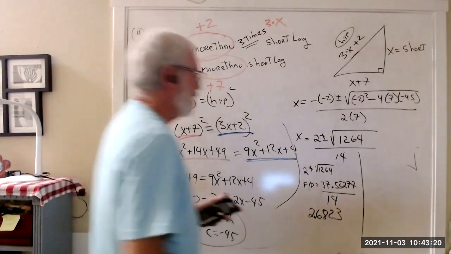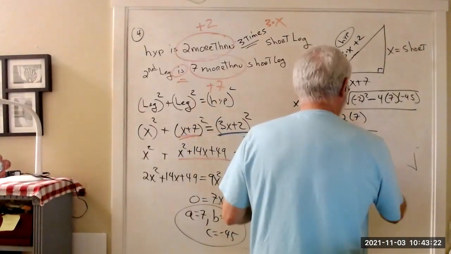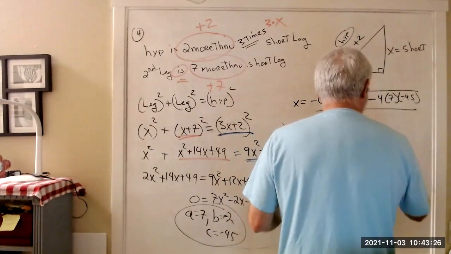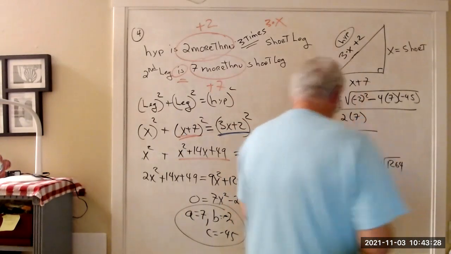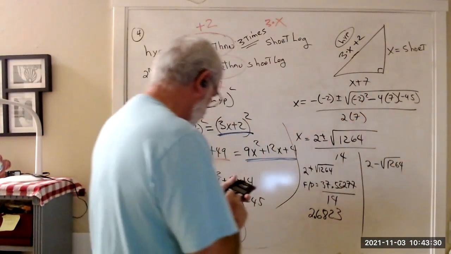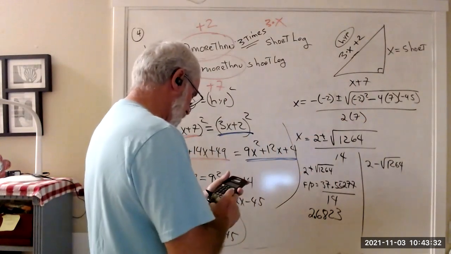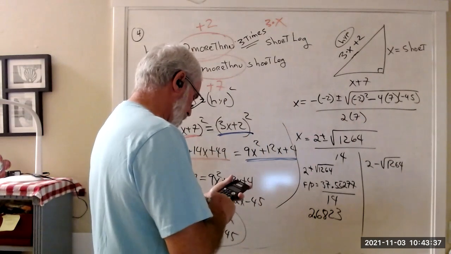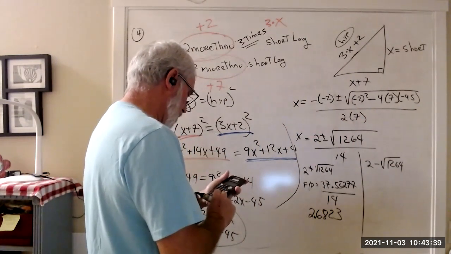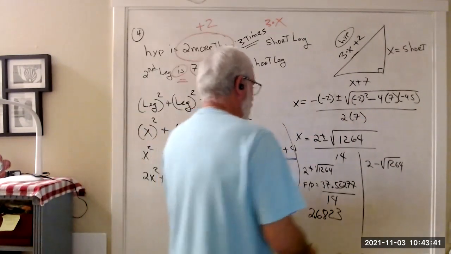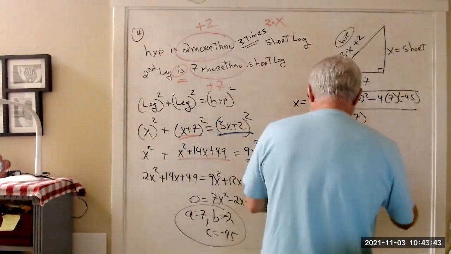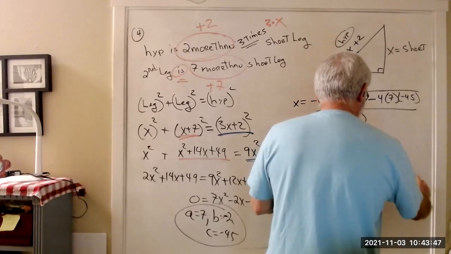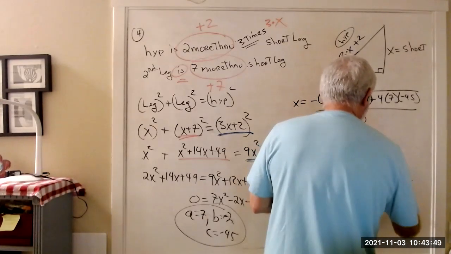The other x value is if I went to minus the square root of 1264. So let's do that. Oops, I get -3.35527, whatever. I can stop here.